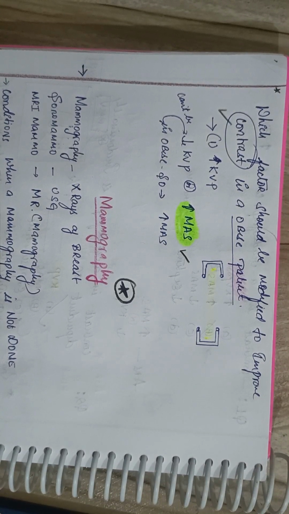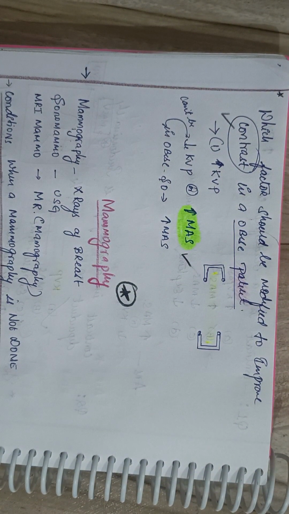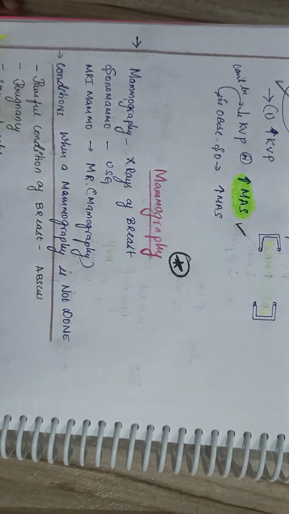Contrast is inversely proportional to kVp and directly proportional to mAs, correct? So the option we need to avoid here is decreased kVp. Why avoid decreased kVp? Because it is an obese patient, and if the kVp is decreased, penetration decreases. So the next option is increased mAs. This will be the correct answer. Which factor should be modified to improve contrast in the obese patient? It is increased mAs. That's all for now, guys. Let's look into the next session later. Thank you.